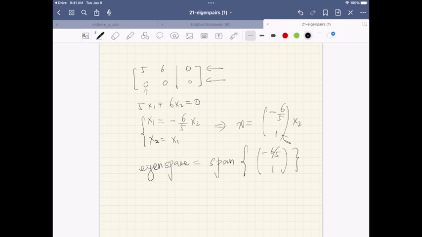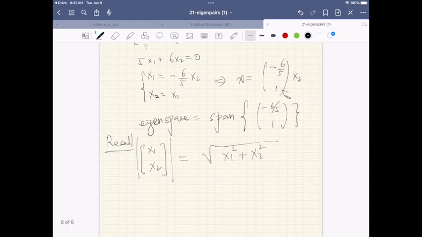Remember that if you have some vector (x1, x2), the length can be written as the square root of the summation of squares. First we look at this vector and multiply by something to make it unit length.